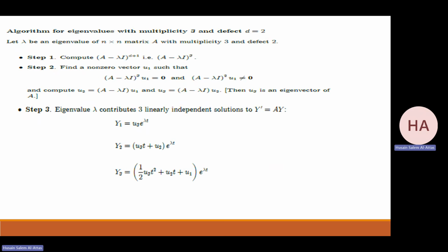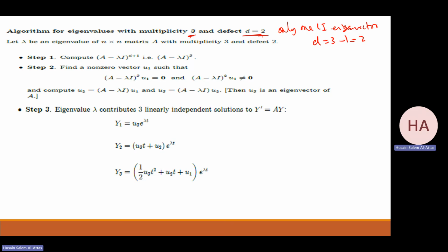Okay, now I have the second case. What we have here is multiplicity 3 and defect 2. It means I'm getting only one linearly independent eigenvector. So D will be 3 minus 1, which is 2.